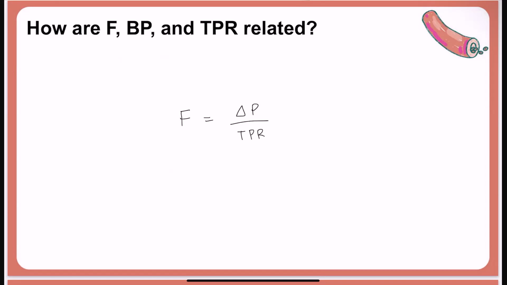What this tells us is that if pressure goes up, so does flow. If TPR goes up, then flow goes down, which if we think about it, makes sense. If there's more pressure, of course there's more flow because there's more pressure pushing it to flow more. And if there's more resistance, well, yeah, there'd be less flow because there's more resistance to the flow. Okay, so these are things that we just care about, and we care about these relationships because they'll keep coming back.